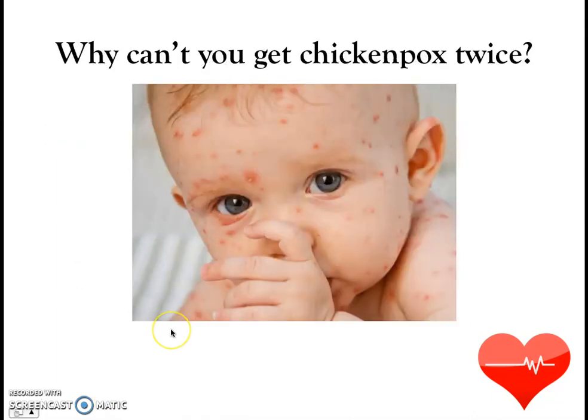Alright? Now this very sad picture here shows a baby with chickenpox. Now how many of you here have gotten chickenpox before? Maybe quite a few of you. Now how many of you have gotten chickenpox twice? Probably none of you. Now have you ever wondered why you can't get chickenpox twice? And the key lies in antibodies.